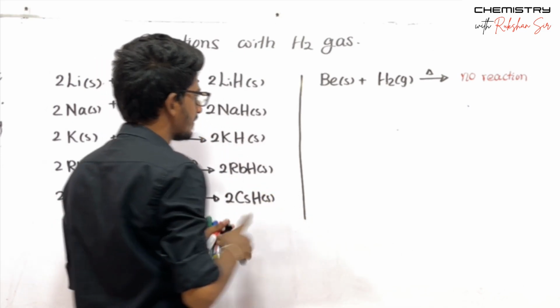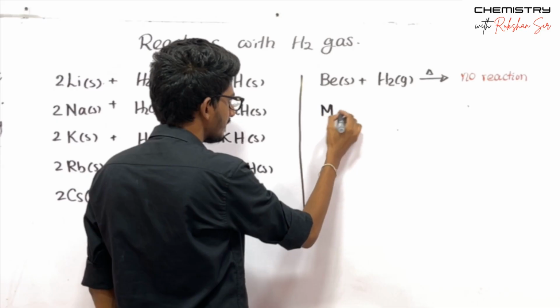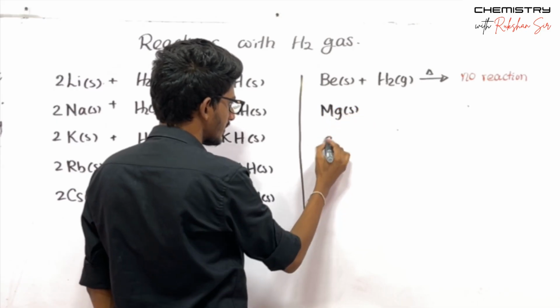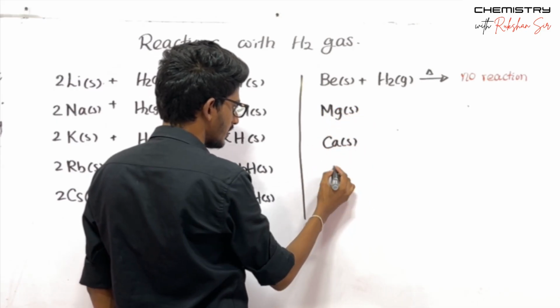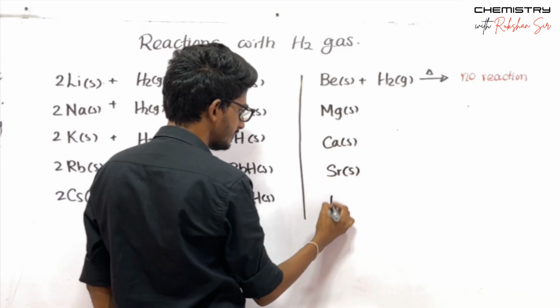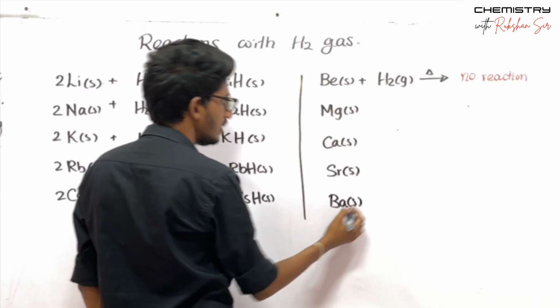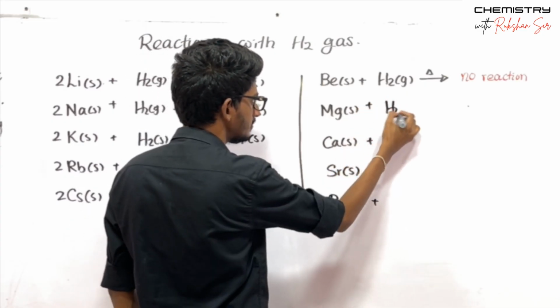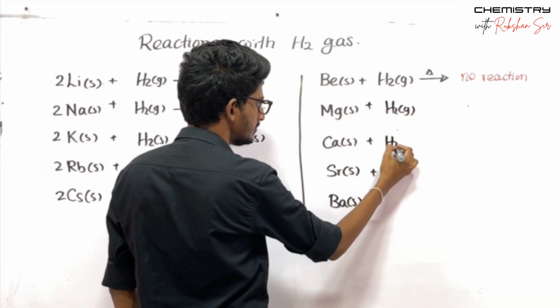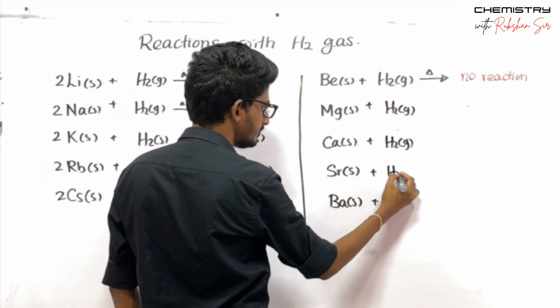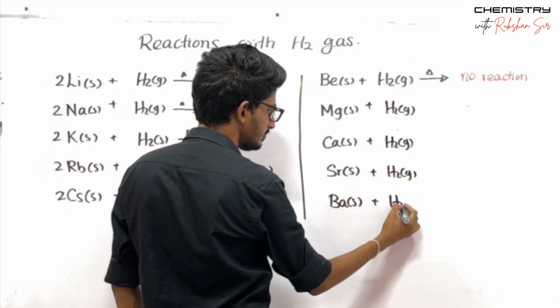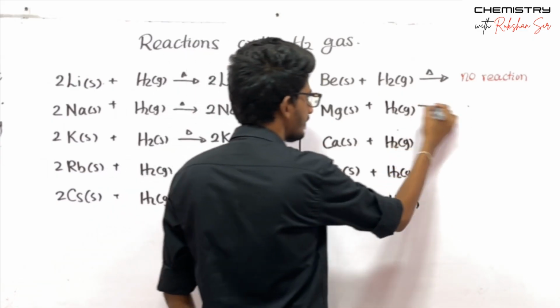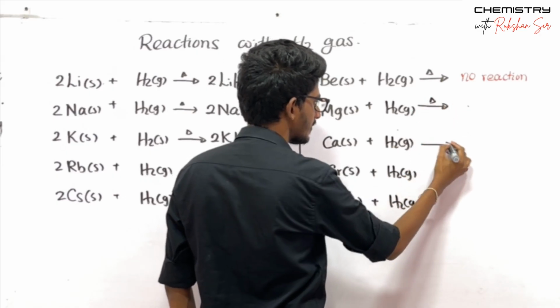Other than beryllium, the rest, magnesium, calcium, strontium, and barium, all will produce their respective hydrides, the MH2.